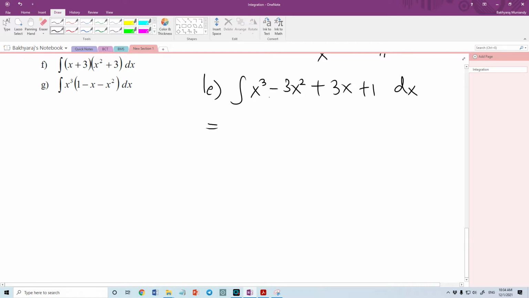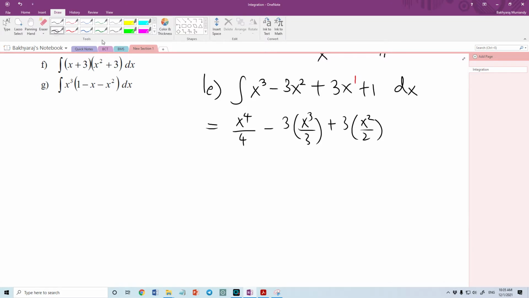power of 3 plus 1, you get power of 4 divided by 4, minus power of 2, you get power of 3 over 3, and then power of 1. This one is power of 1, so you get power of 2 over 2, and when we see a constant we put x, so 1 is x, so x plus c.